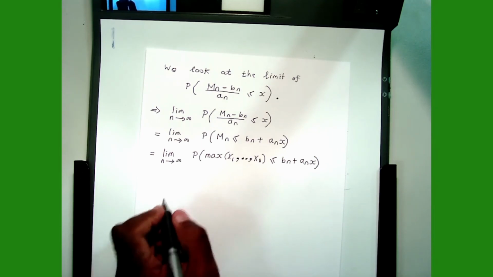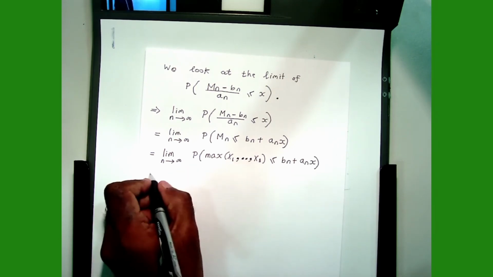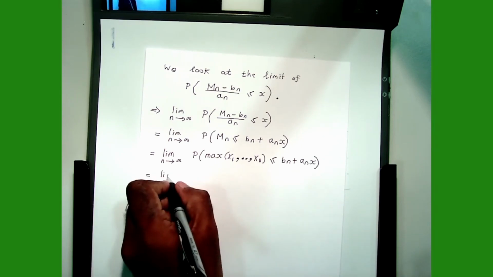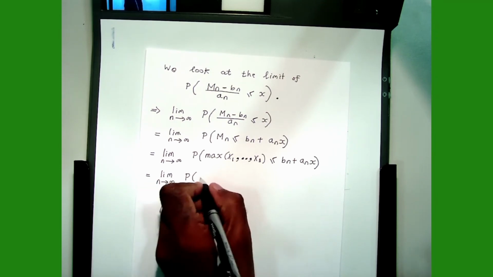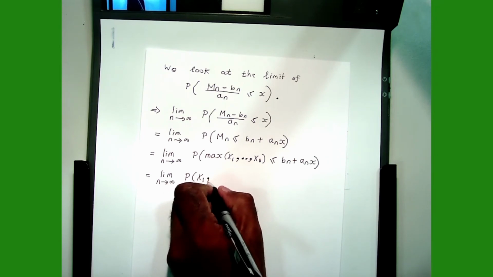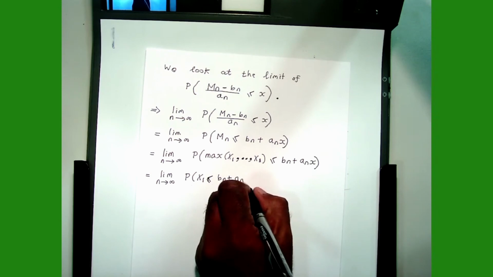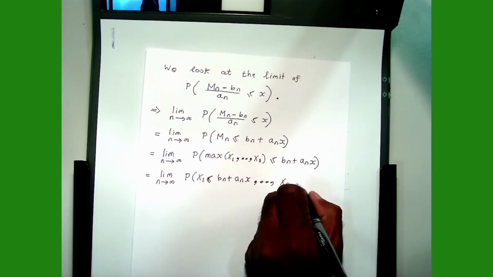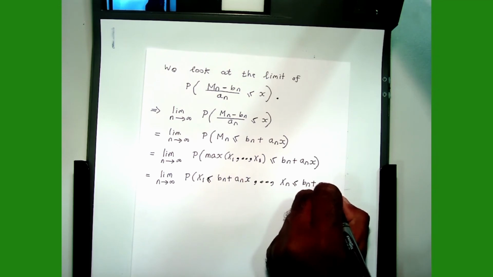Now, if the maximum is less than or equal to this, then each element within the maximum has to be less than or equal to the same thing. So X1 has to be less than or equal to Bn plus An x, until Xn has to be less than or equal to Bn plus An x.